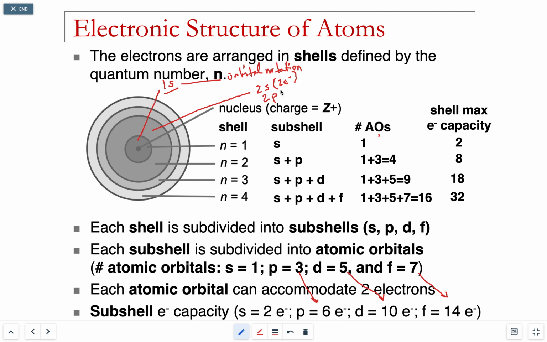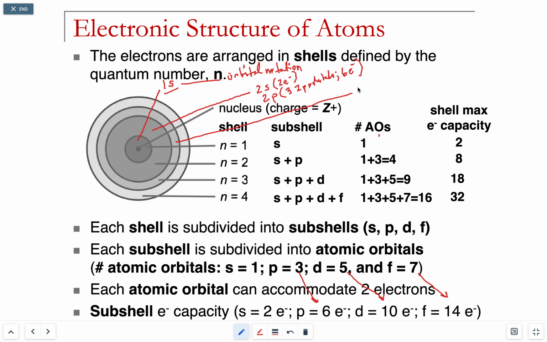There are 3 2p orbitals. Since each orbital holds 2 electrons, that's a 6 electron capacity, so again we end up with 8 electrons total.